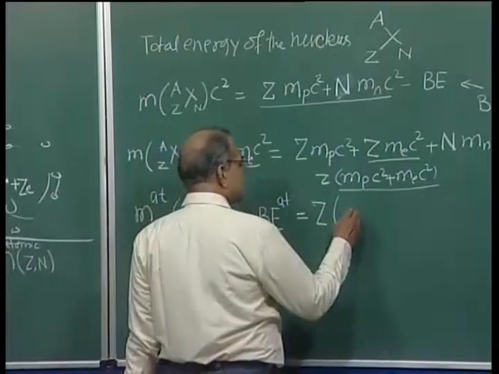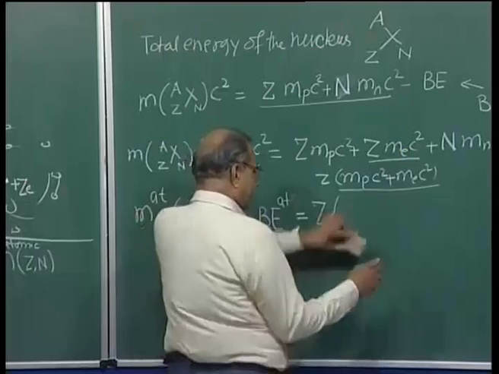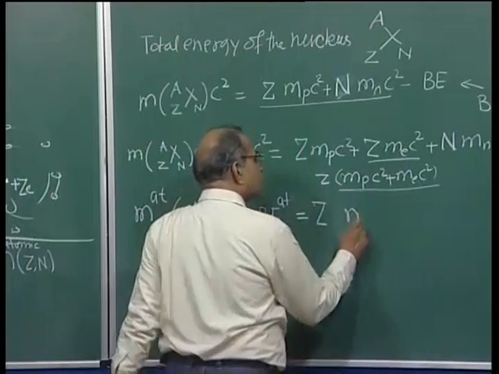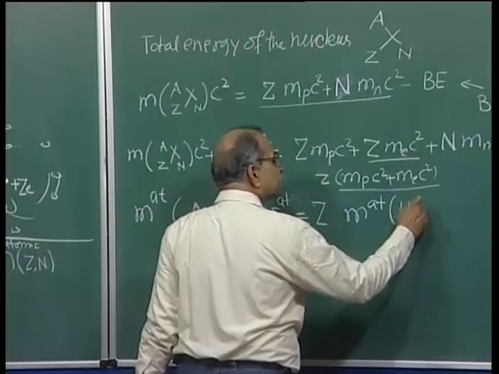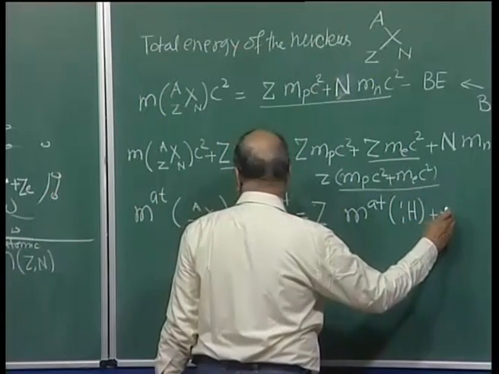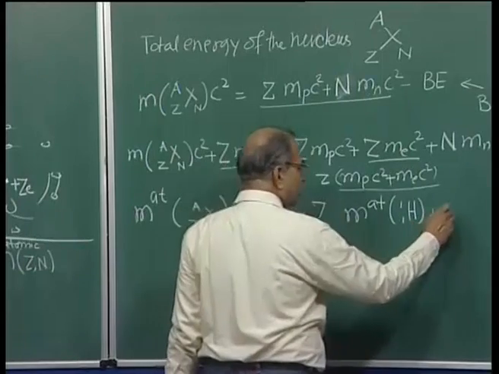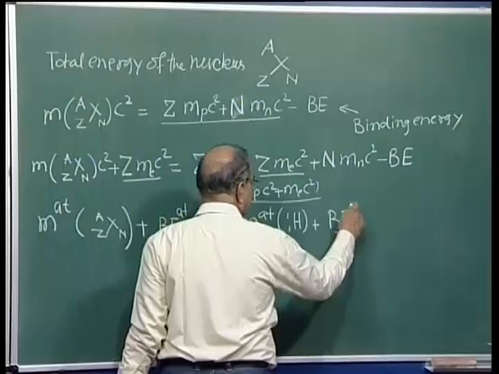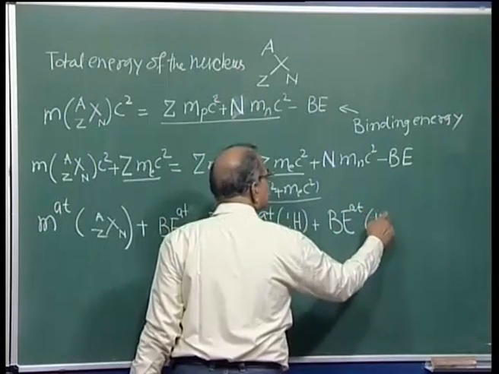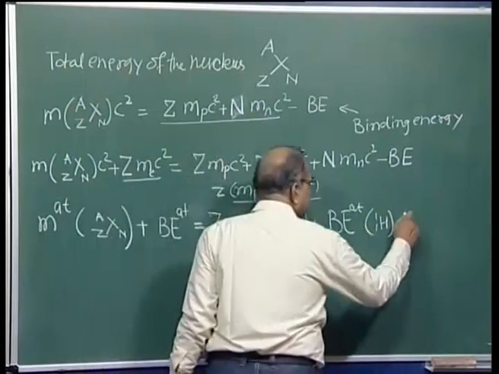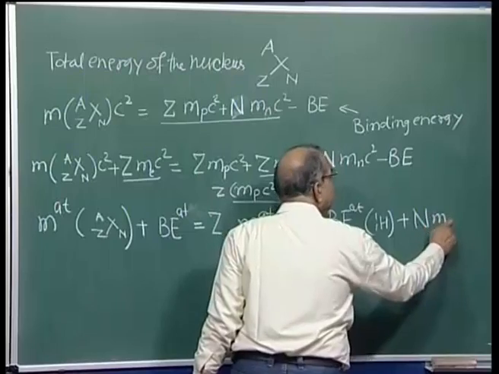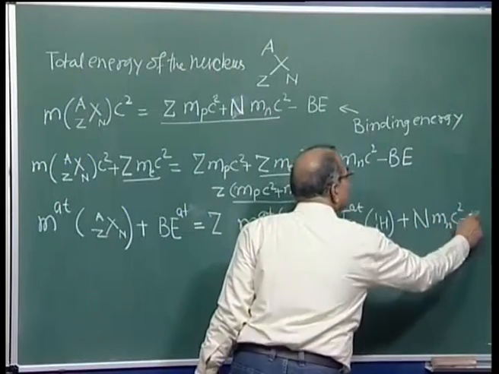So, this is the atomic mass, the mass of the atom, which atom? Hydrogen atom, and plus the atomic binding energy of what? Hydrogen, 13.6 eV, correct, plus n times MnC square and minus binding energy.